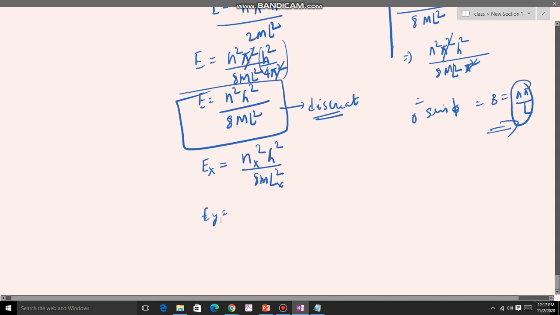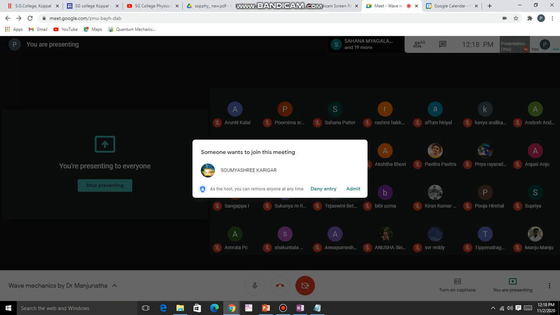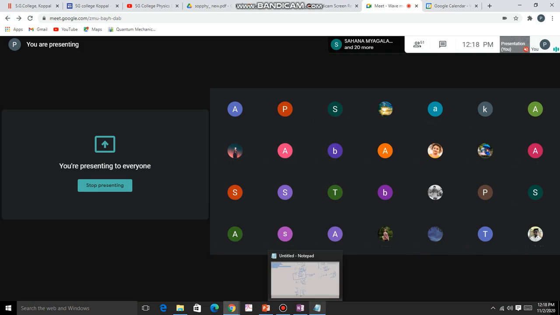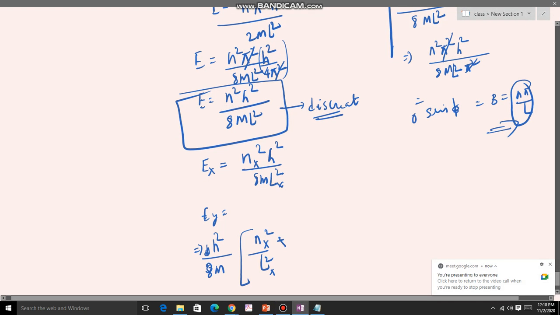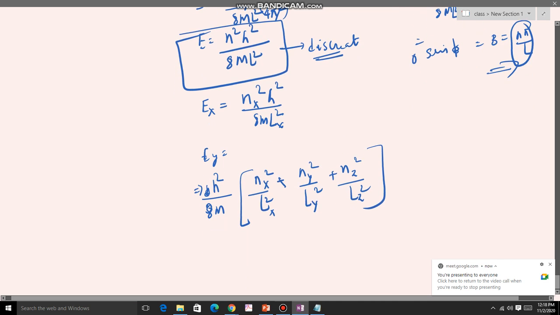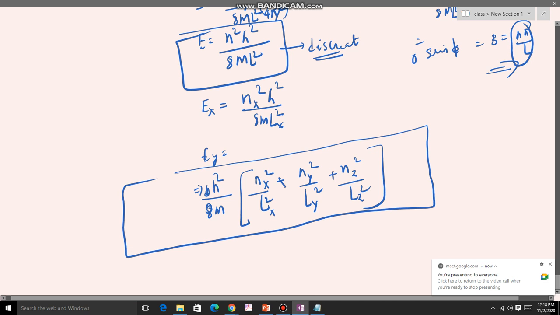Okay, and therefore the total energy will be h square by 8m times nx square by lx square plus ny square by ly square plus nz square by lz square. So this is h square by 8m, and this is the total energy.